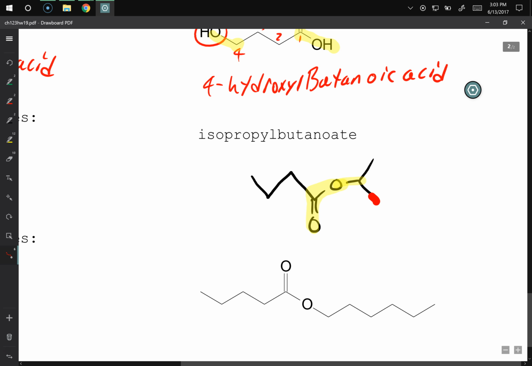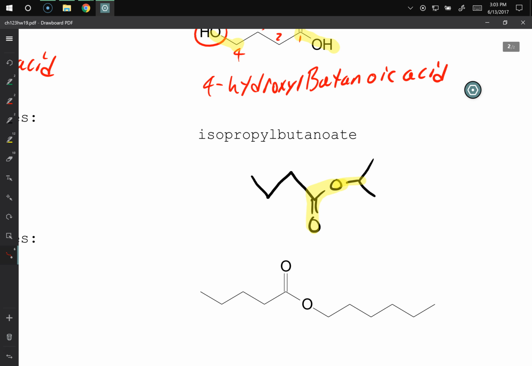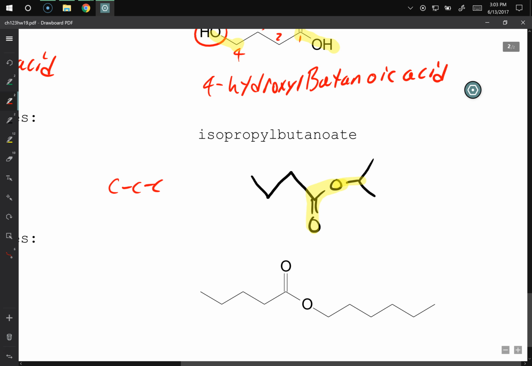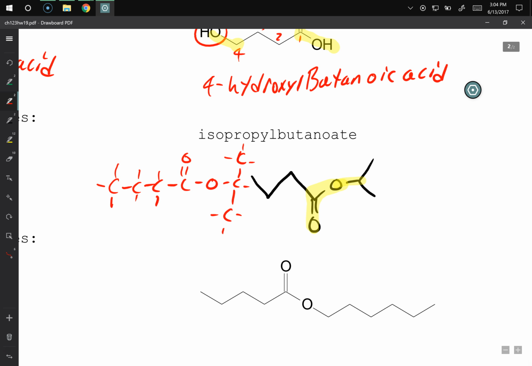So here's 3 carbons hooked up to the middle carbon, not to the end carbon. So we can draw it like this. Are you okay with that? Is that easier to see?